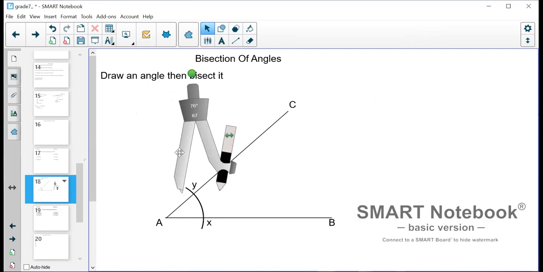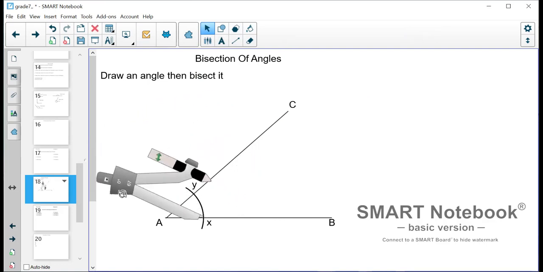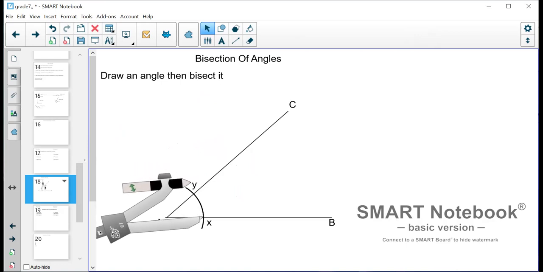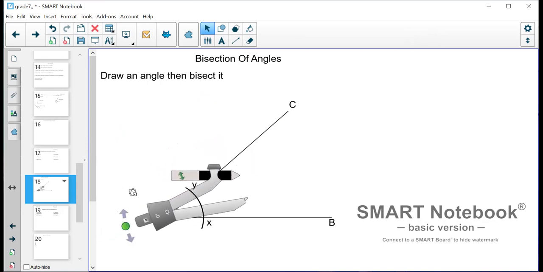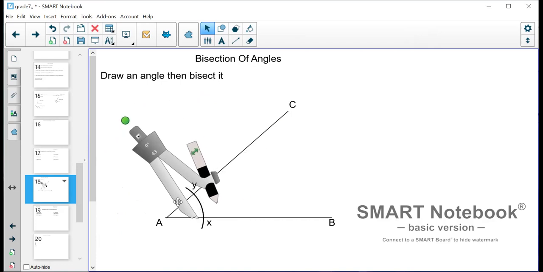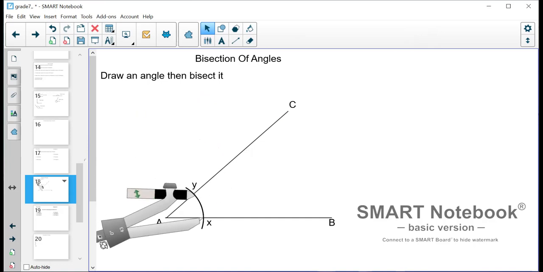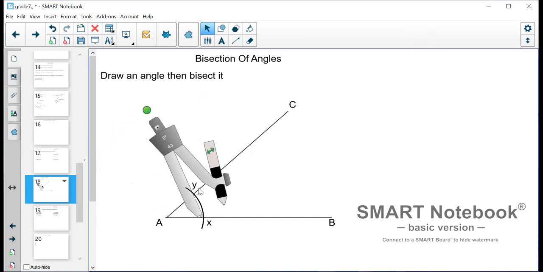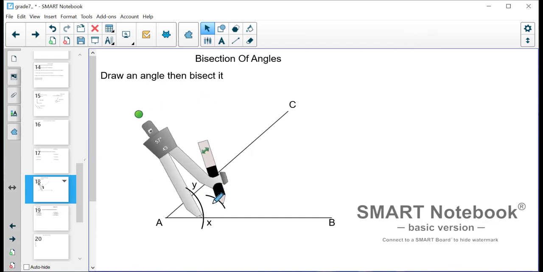What I do next is I go to either one of the two, X or Y. I'll go to X first, and I'll simply open the pair of compasses now to Y. It doesn't have to be exactly at Y, but we can just use that as a guideline. So from X, you open to Y, and you scribe an arc in the middle between the two arms of the angle.